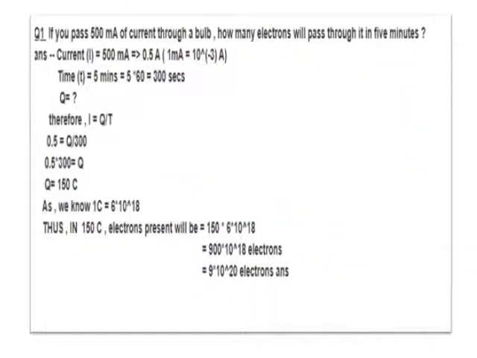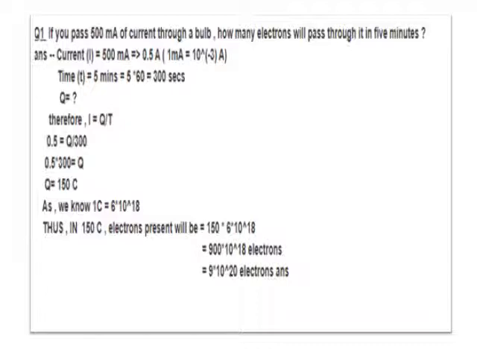Children, look into this problem very carefully. It is a very frequently asked board question. If you pass 500 milliamperes of current through a bulb, how many electrons will pass through it in 5 minutes? So read the question once again, children.